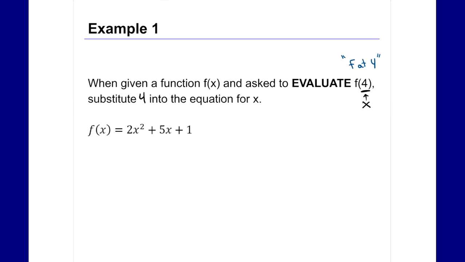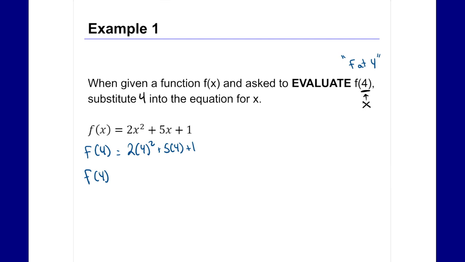So we have our function. It is f at x is equal to 2x squared plus 5x plus 1. We are going to evaluate that for f at 4. Again, we're just going to replace all the x values with 4. So 2 times 4 squared plus 5 times 4 plus 1.